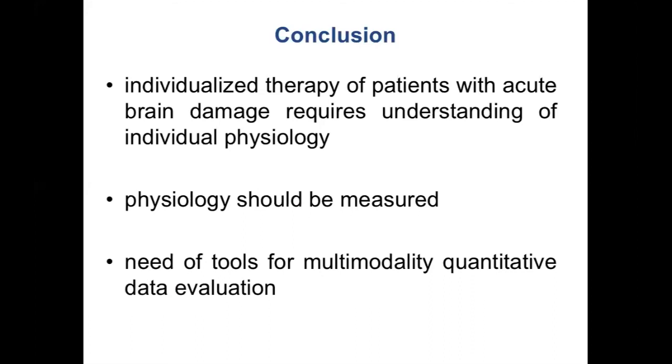In order to understand physiology, we need to measure it with invasive, non-invasive systems, but it's important every day to measure the physiology, and it's important to try to quantify the data. So not just to see, okay, in this moment, PbTO2 is this value, EEG is this one, and the CPP is this value, but we should try to have a quantitative trend over time.